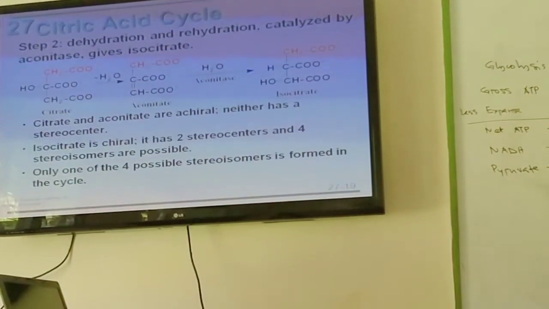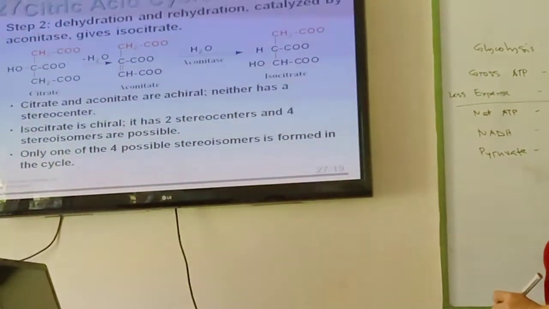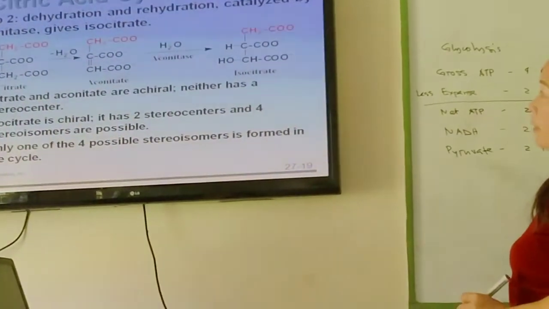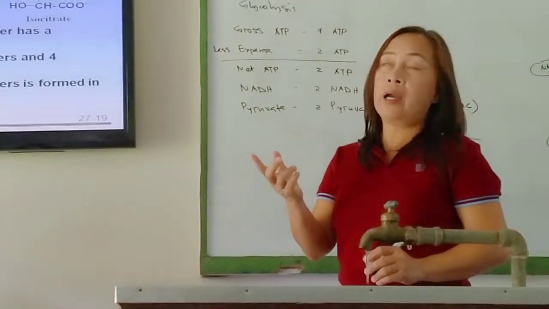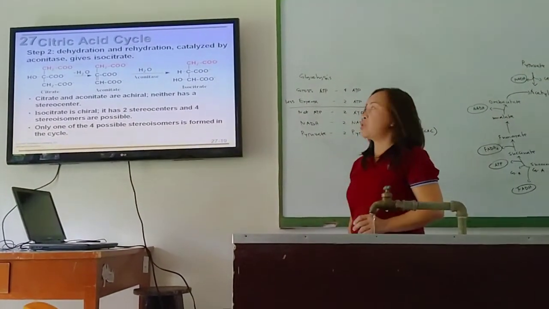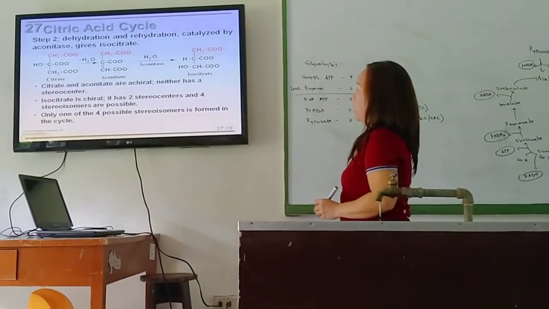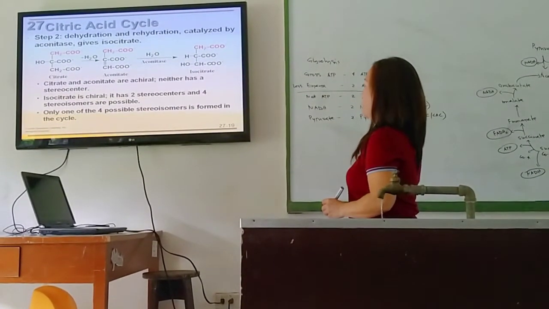So let's continue on step 2, which is dehydration and rehydration. When we say de, it means removal of hydrogen. Re means addition. Catalyzed by aconitase, it gives the isocitrate.